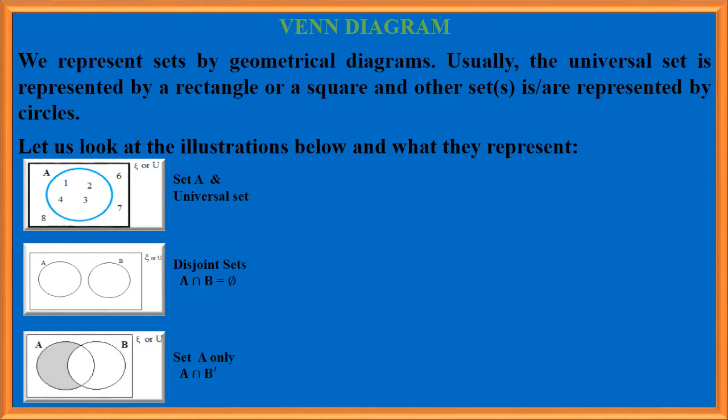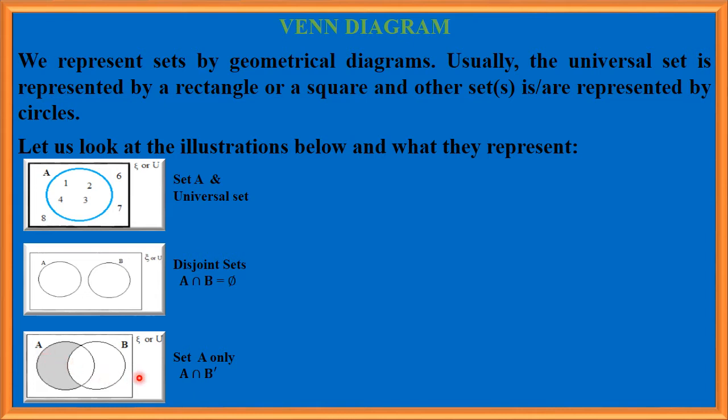We can also have this illustration where we have set A and set B intersected, but you will see that the portion of A is shaded. The shaded portion indicates elements belonging to set A only.